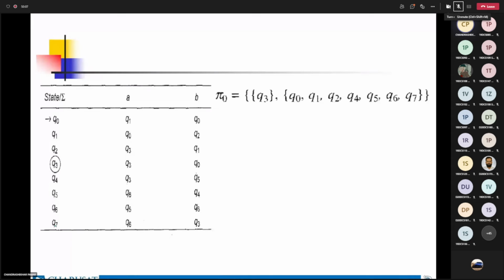So in the pi 1, we have to prepare the equivalent states. Q0 is equivalent with how many states? So just check the equivalence and tell me that Q0 is equivalent with how many states. Just tell me that fast.